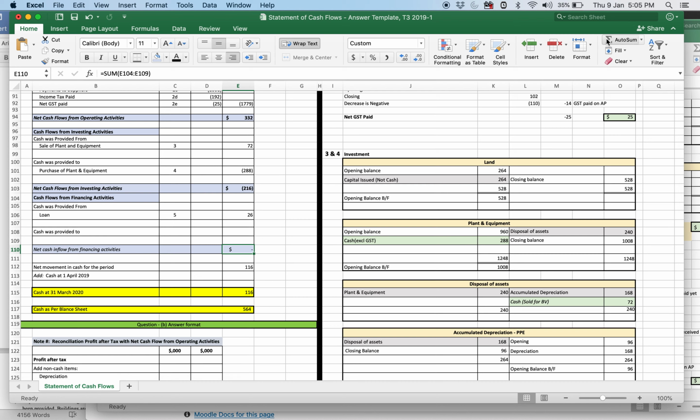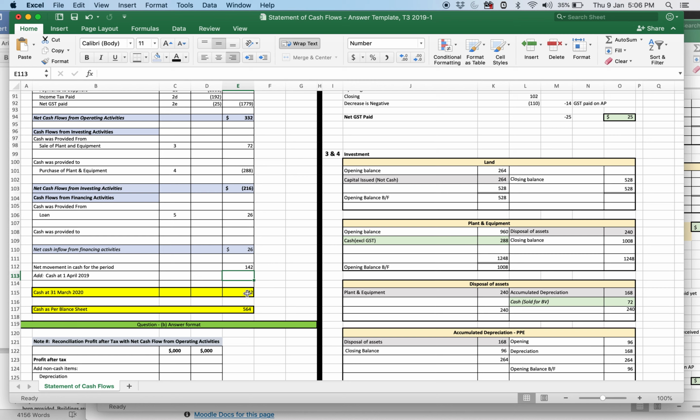Let's make sure we've got this working. Yep, positive 26. Net movement in cash for the period should be that plus that, because it's a negative going out, plus that. So 142,000 positive net flow.